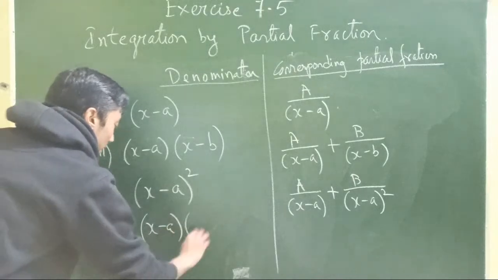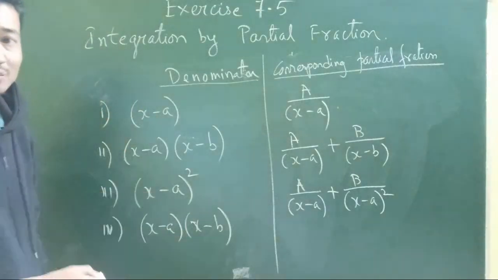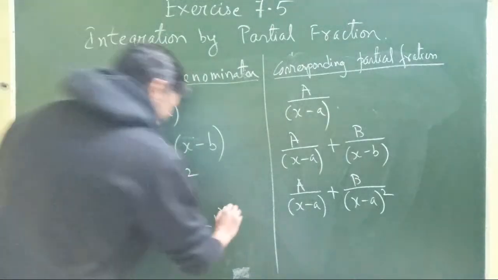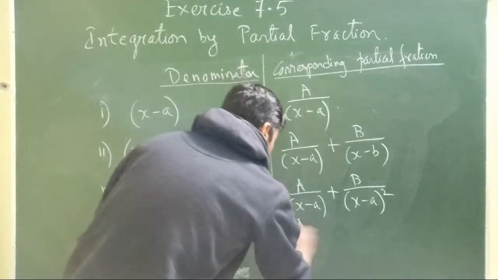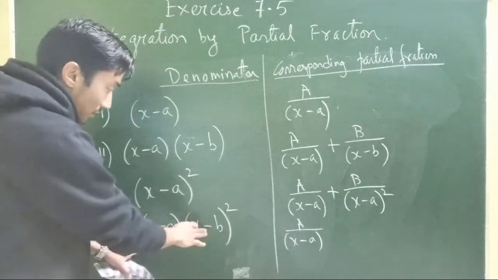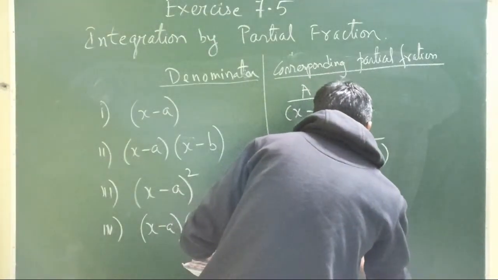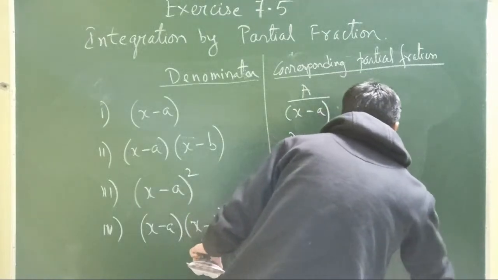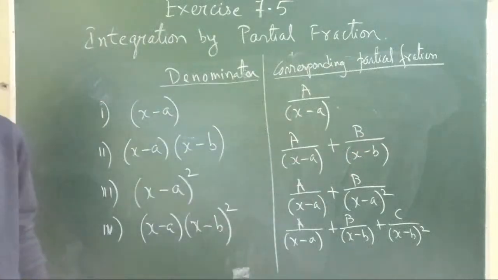For example, x minus a, not only minus, it can be plus also. This is just a model that I'm giving you. Like with a whole square, that time, A by x minus a, done. Next, you will continue with the repeating term, that is B by x minus b plus C by x minus b whole square. Then it is completely done. This is the process that we will be adopting.